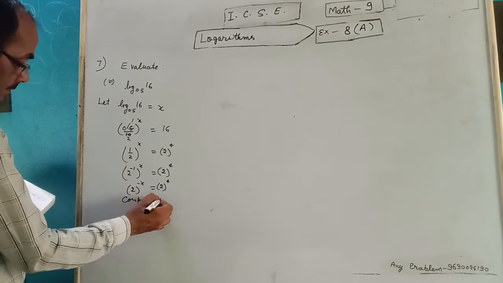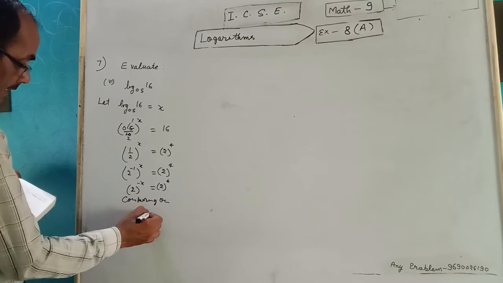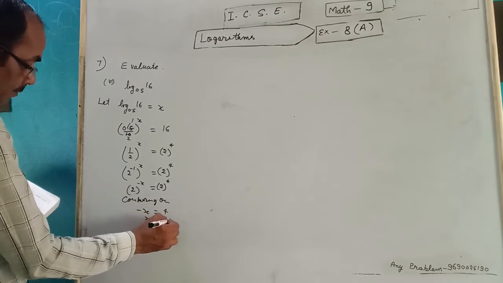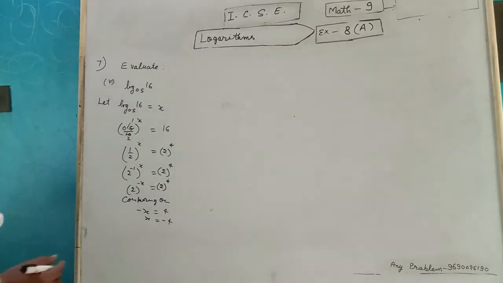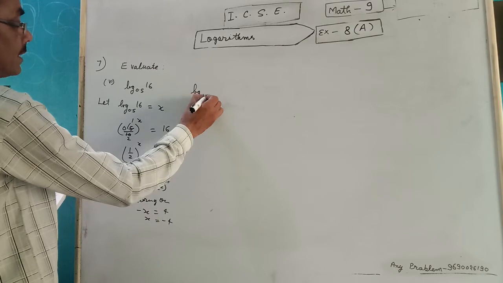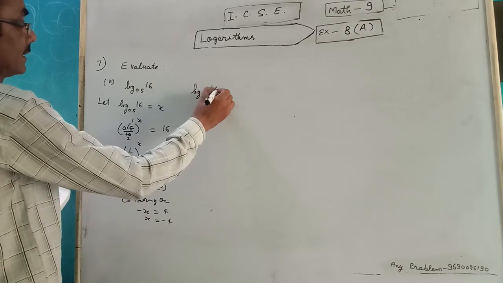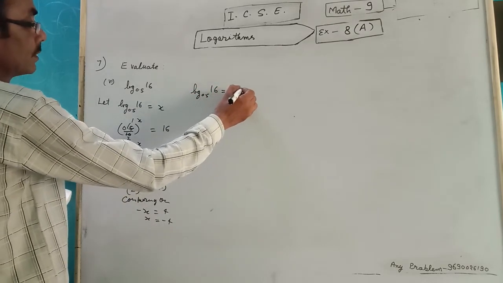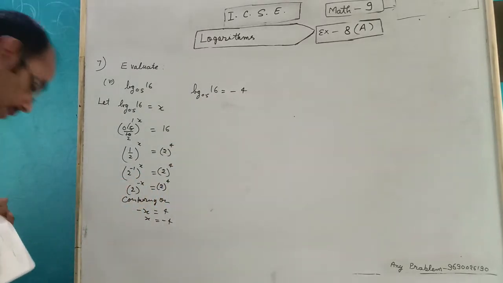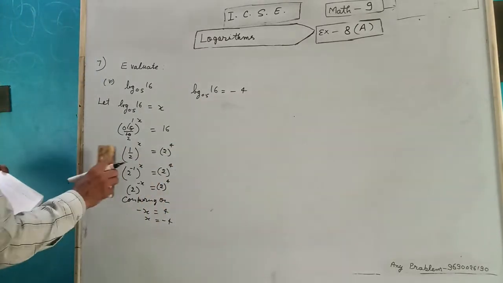Comparing, minus x is equal to 4, x is equal to minus 4. So you write log 0.5 of 16 is equal to minus 4. Seventh question is complete. Question number 9.